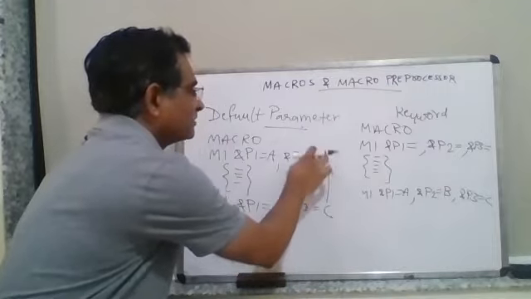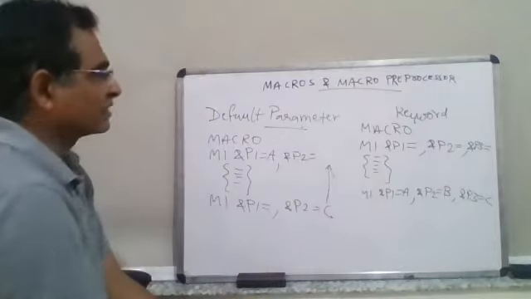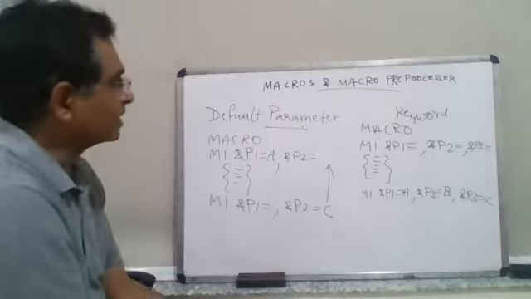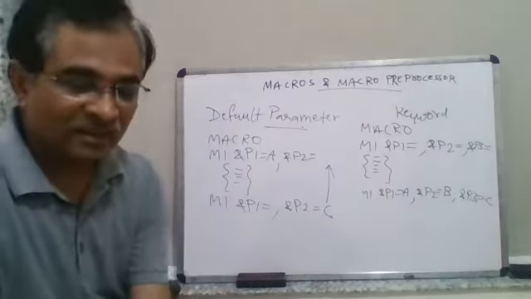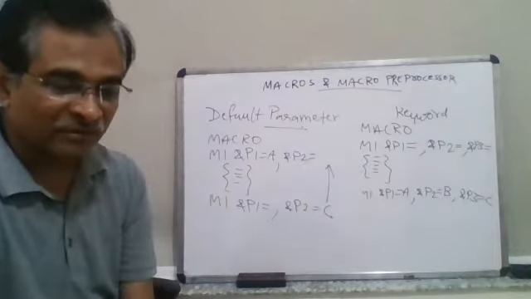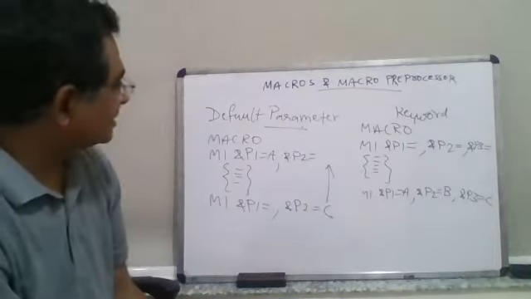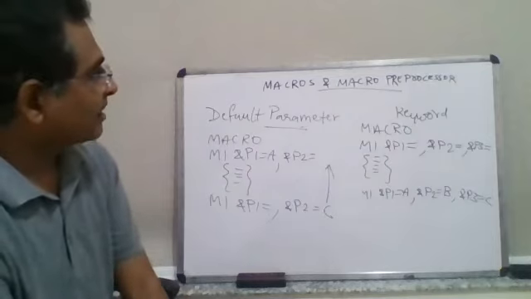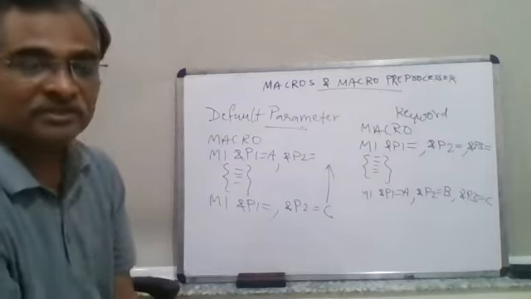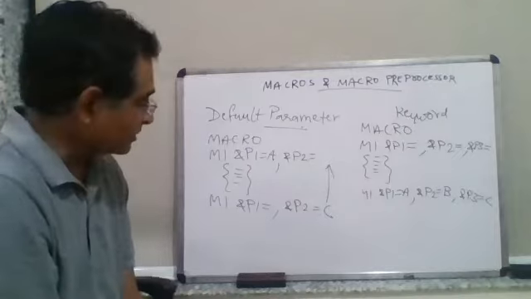So whatever you specify, that will go. So &P2. So I'm mixing all the possible things which are there. So I can even have the keyword which is specified with the default value also specified, and the positional parameter also which could be specified.